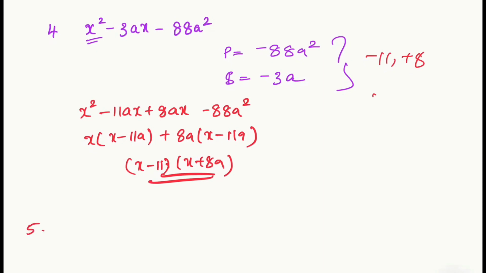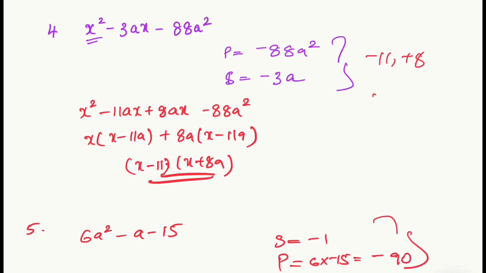Fifth one: we have 6a square minus a minus 15. Here the sum is equal to minus 1. The product is 6 into minus 15, that is minus 90. What are the numbers such that sum is minus 1 and product is minus 90? Can I take minus 10 and plus 9?